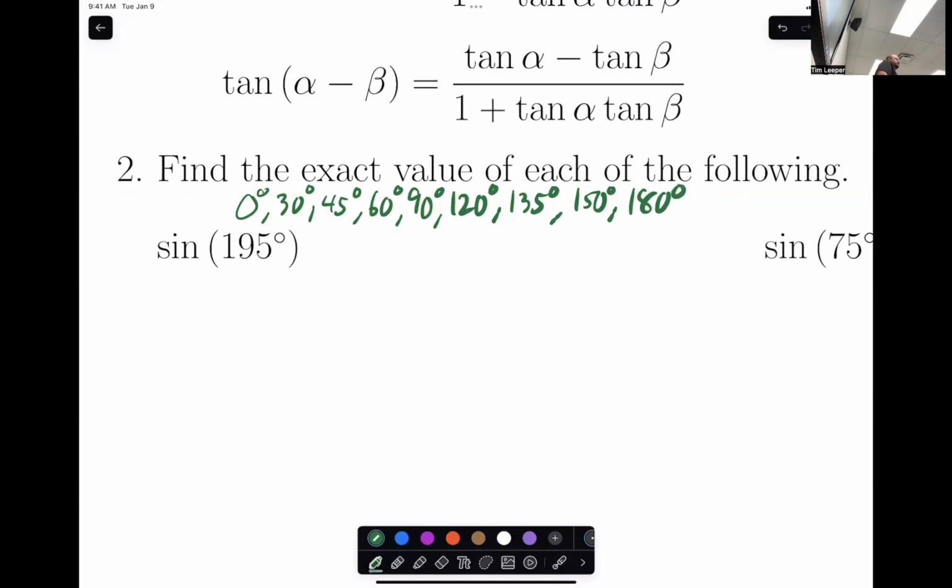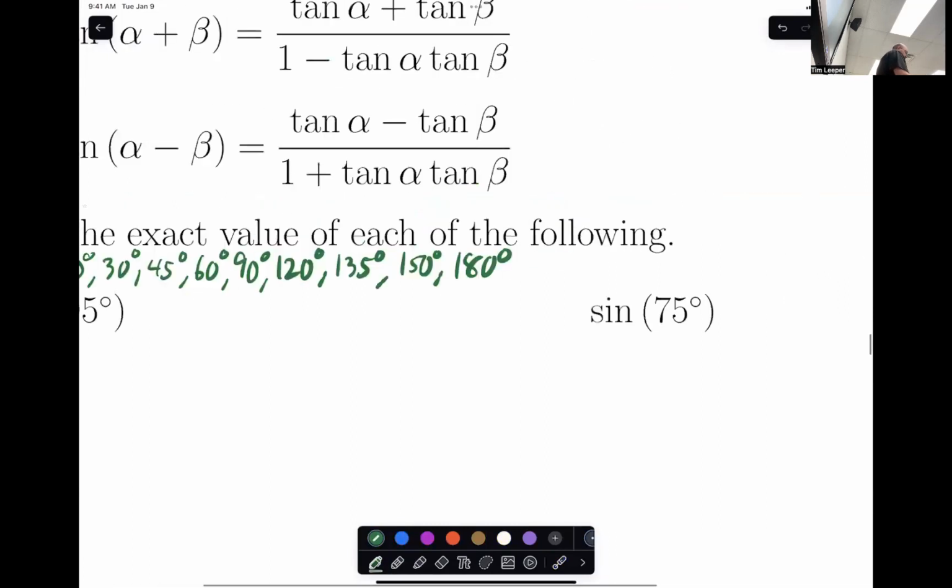But that's the first half of the unit circle, the top half. Now from all this, I want sine of 195 degrees. Now technically I could keep going here, and I could say that this is now 210 degrees, 225 degrees, 240 degrees, 270 degrees. That's to the third quadrant.